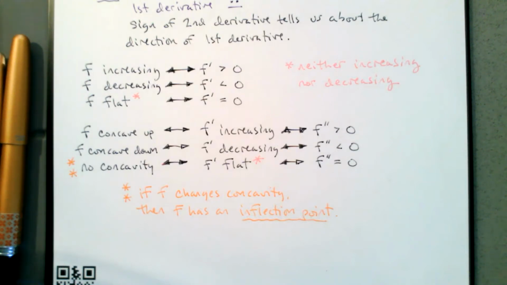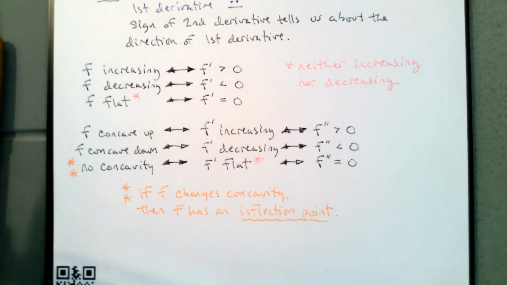So when we think about concavity, we have to remember that concavity is independent of direction, increase or decrease. There might be some situations currently in the news cycle, say for the past 20 months or so, where we're looking at a function that is increasing.